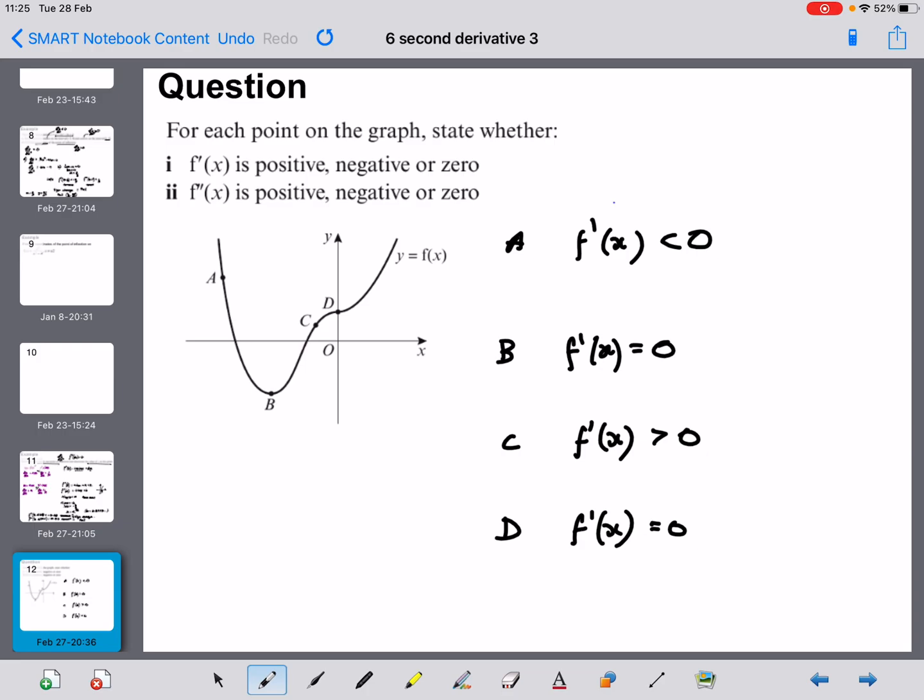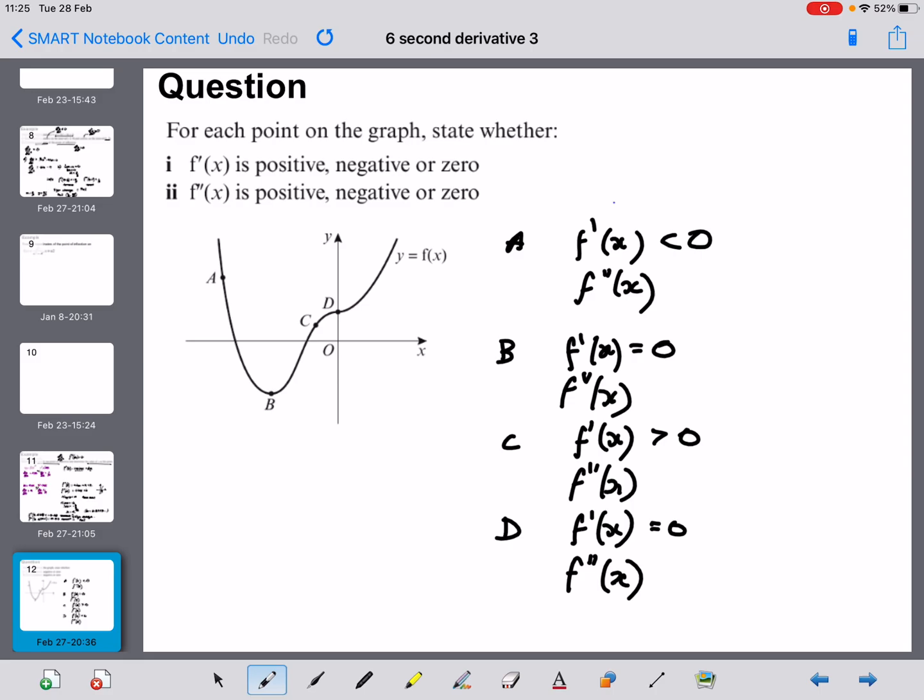Now if we think about the second derivative for each one. So now we're thinking about whether the graph is concave or convex. So at A, that is going to be a convex part of the graph.